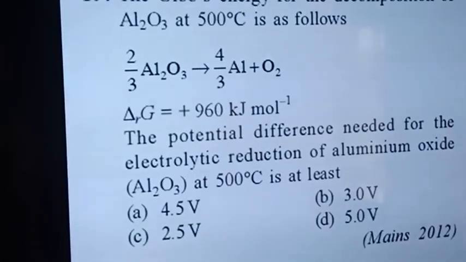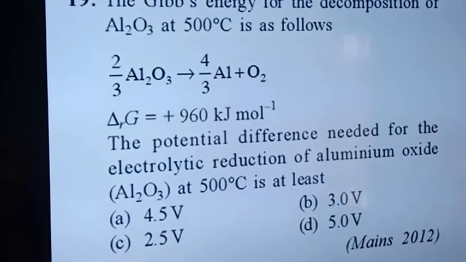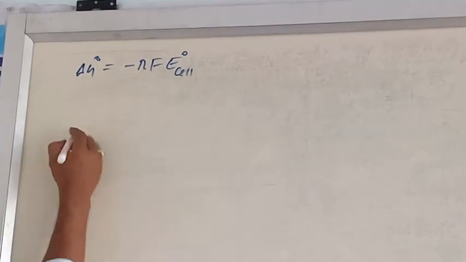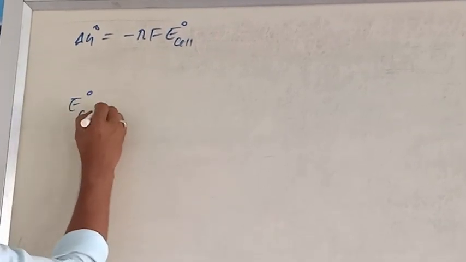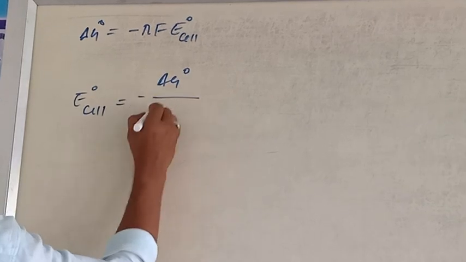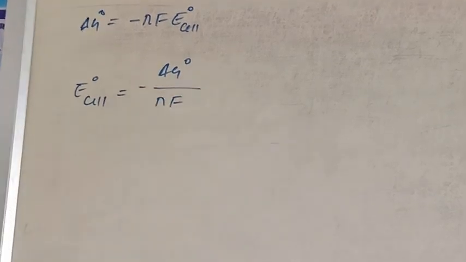So E naught, we know that delta G naught is equal to minus nF E naught of cell. Now we need to find out n, F, and E naught, so E naught of cell is equal to delta G naught by minus nF.